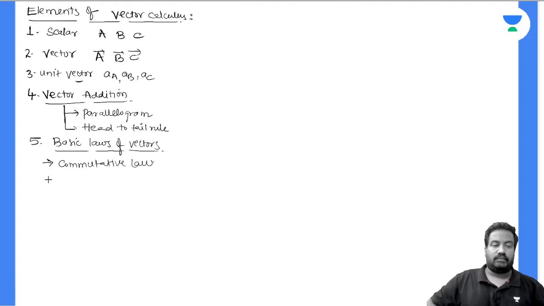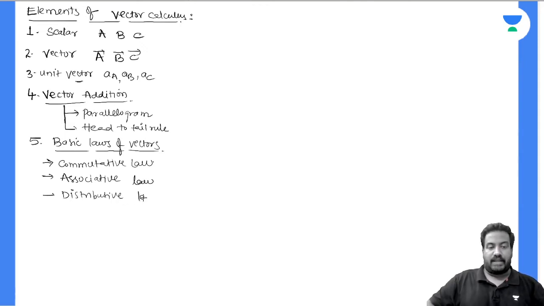Commutative law, associative law, and distributive law. And we have discussed commutative law of addition, commutative law of multiplication. Similarly, associative law of addition and multiplication, distributive law of addition and multiplication.